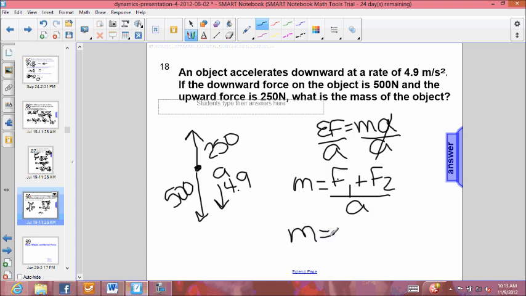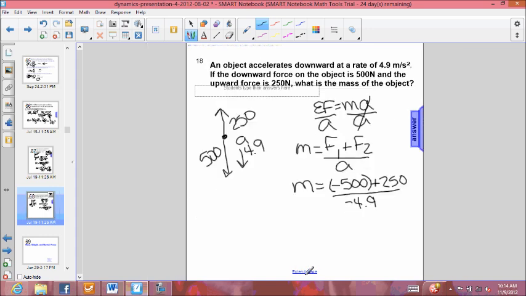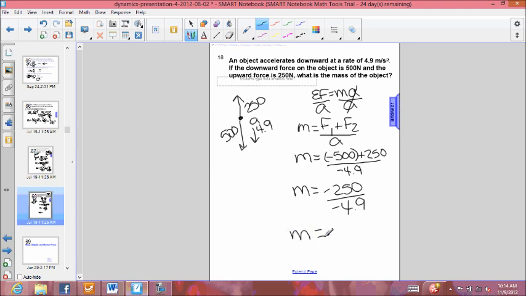Our F1 was negative 500 because it was down, plus 250, over negative 4.9 because our acceleration was also down. So that's going to equal negative 250 divided by negative 4.9. And our mass will equal 51.02 kilograms.